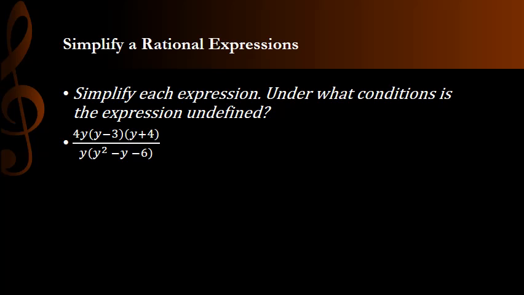So let's begin. I'm not going to do anything with the numerator in this case because I got monomials and binomials. So I got 4y times y minus 3 times y plus 4. And I'm going to attack the denominator by factoring this y squared minus y minus 6. So I got y, and I'm going to put in brackets here because I'm going to factor this.